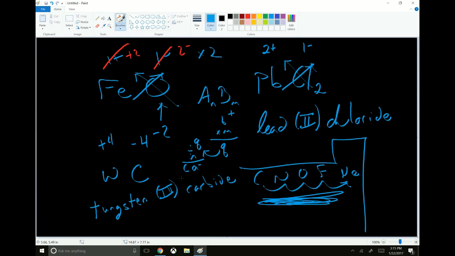Oh no, I got the charges backwards. That's A plus and B minus. I really think that this here is the best way to go, because you're going to have to do all that sort of stuff anyway, finding the charge on the anion and using that to figure out the charge on the multivalent metal.